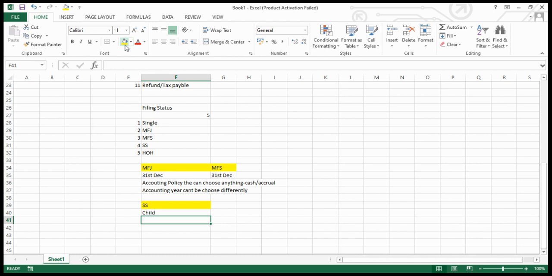There is one more condition: whatever expenditure for the child, more than 50% should be borne by the surviving spouse. So more than 50% of the expenditure of the child should be borne by the taxpayer, then he is eligible for the surviving spouse status.